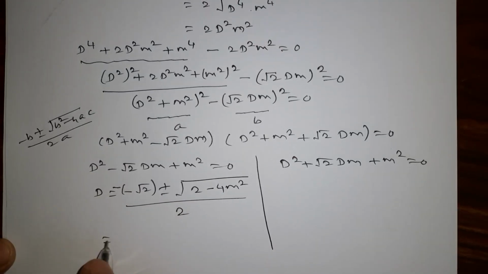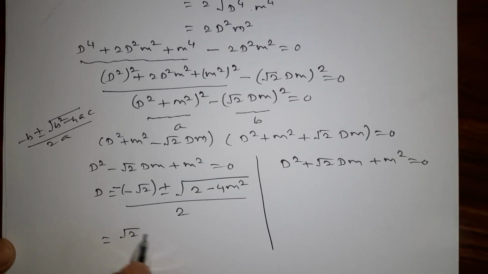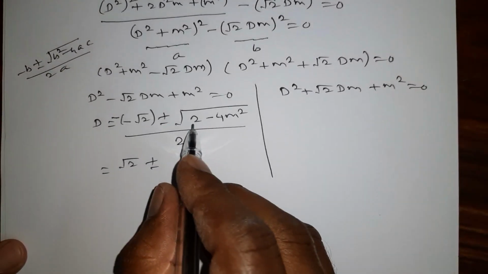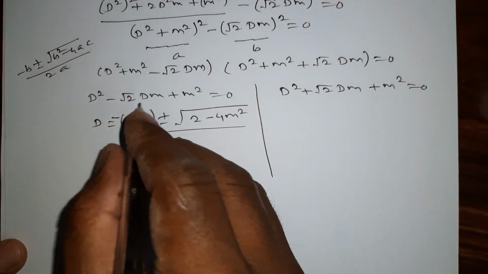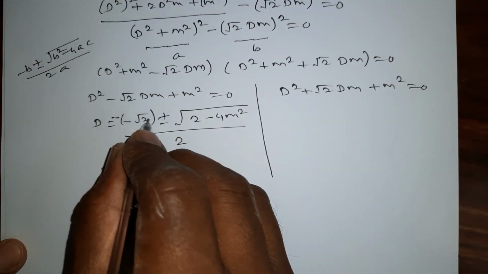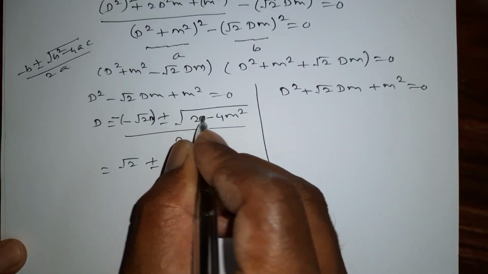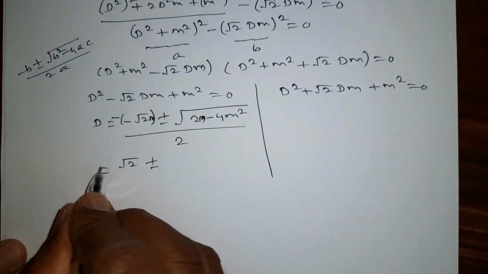So this is equal to root 2 plus or minus, here 2m, sorry, 2m is there, here also 2m. I just forgot to take m, take this m.